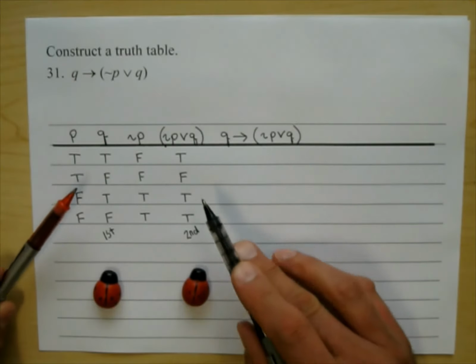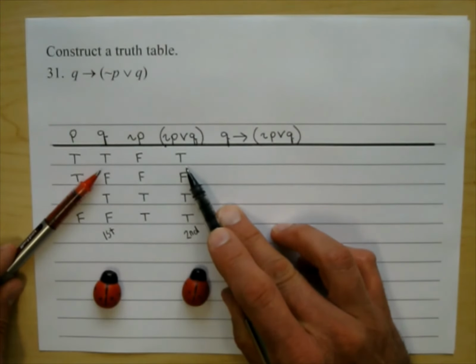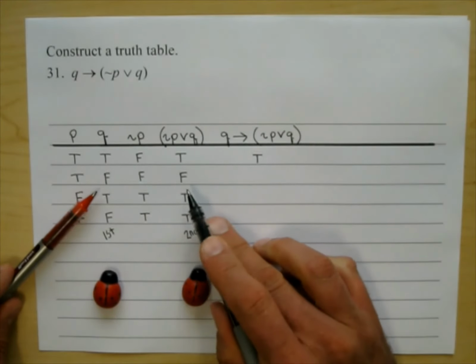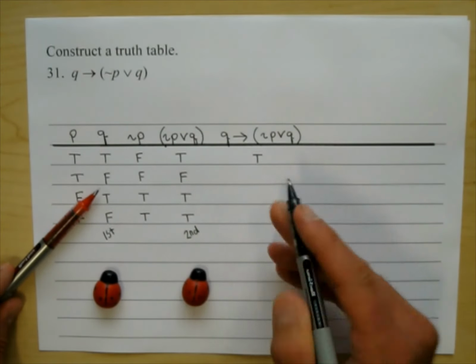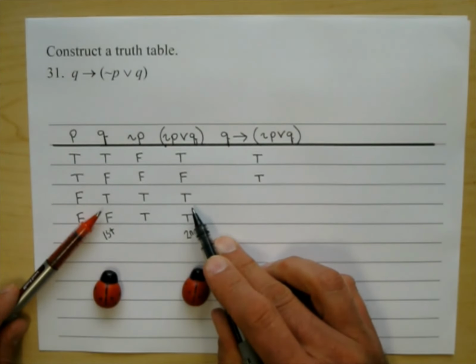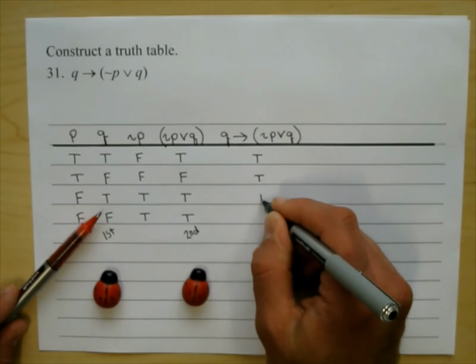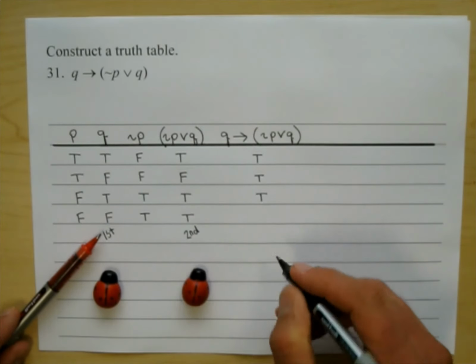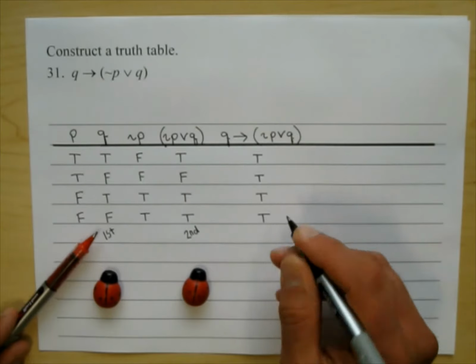So I've got to remember my truth values. If true then true is true. If false then false is true. If true then true is true. And if false then true is true.